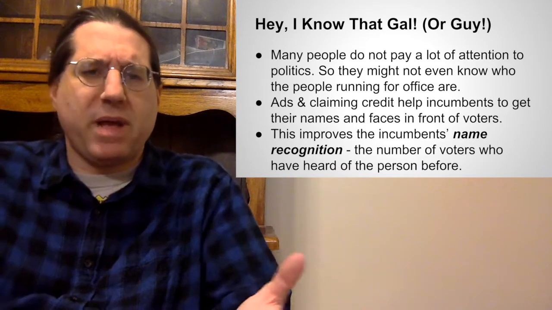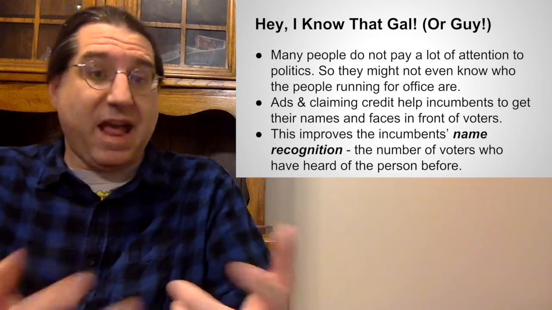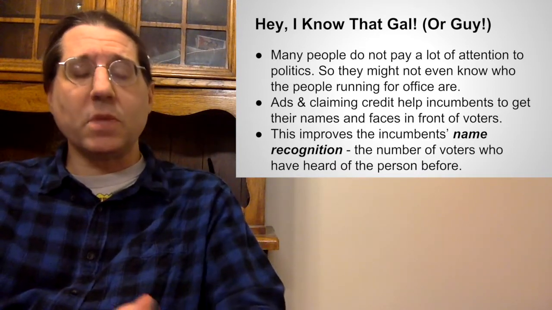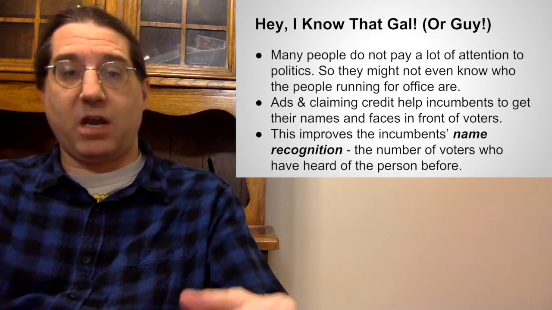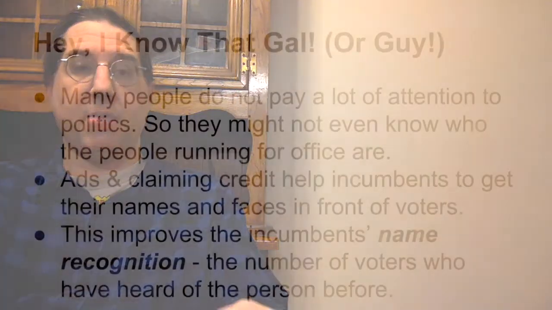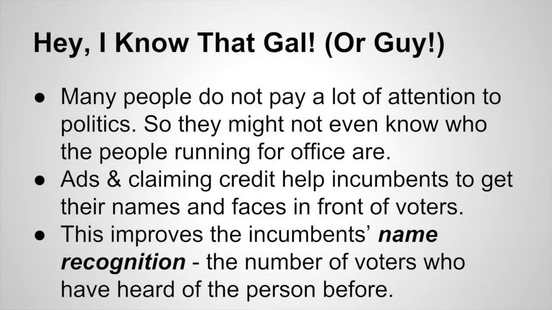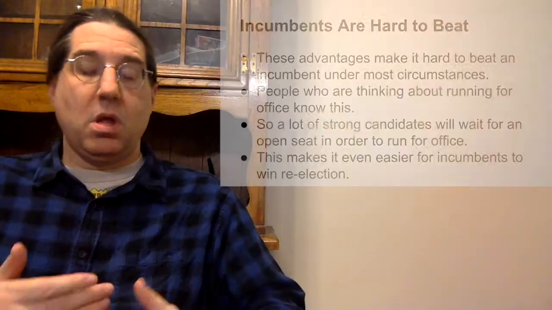What do I know about Johnson? Okay, and that's a disadvantage. So the improved name recognition that comes from being an incumbent is a thing that helps a lot of incumbents to win. All right. Then all of this creates a cycle.